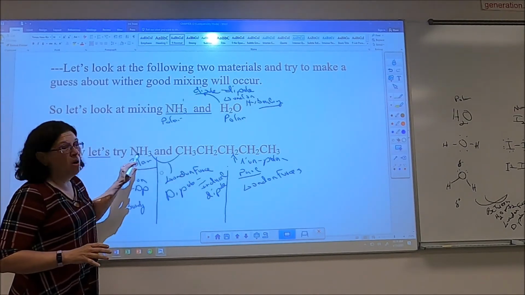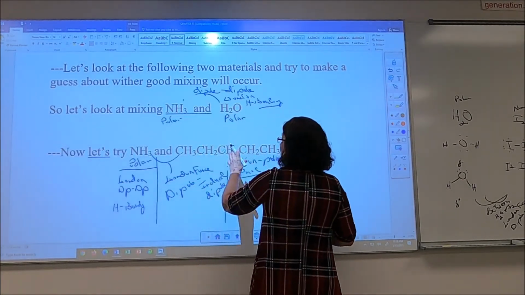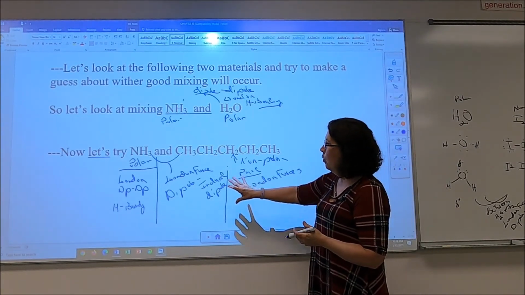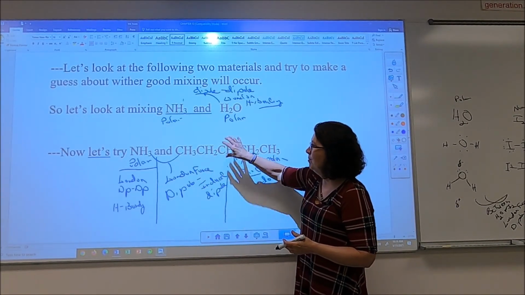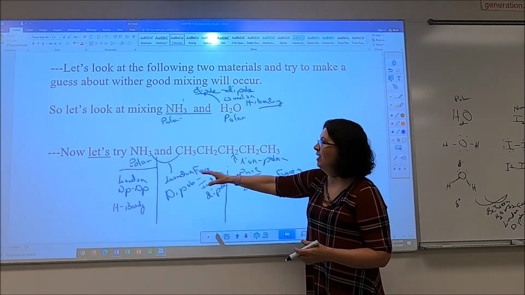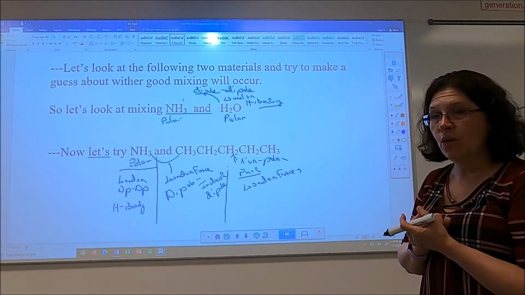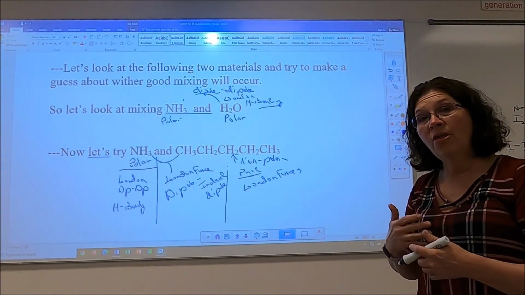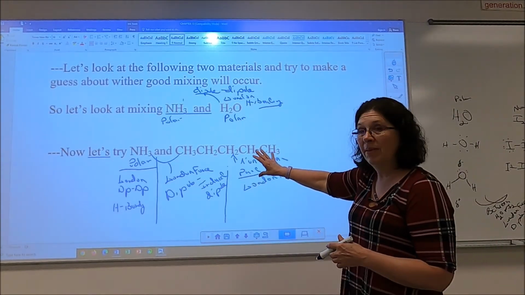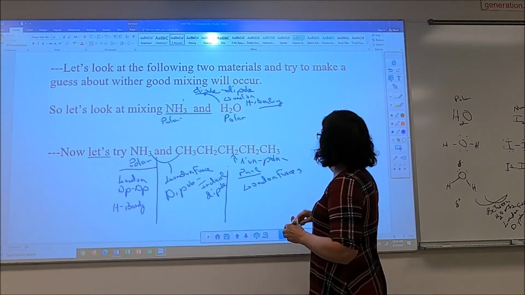So these two aren't going to mix very well. So up here I have good mixing, down here I have poor mixing. Because what ammonia is giving up to mix with the pentane molecule is nothing compared to what it can have between two ammonias. So overall, this would be an endothermic mixing process, and probably a large endothermic. This is going to be exothermic.